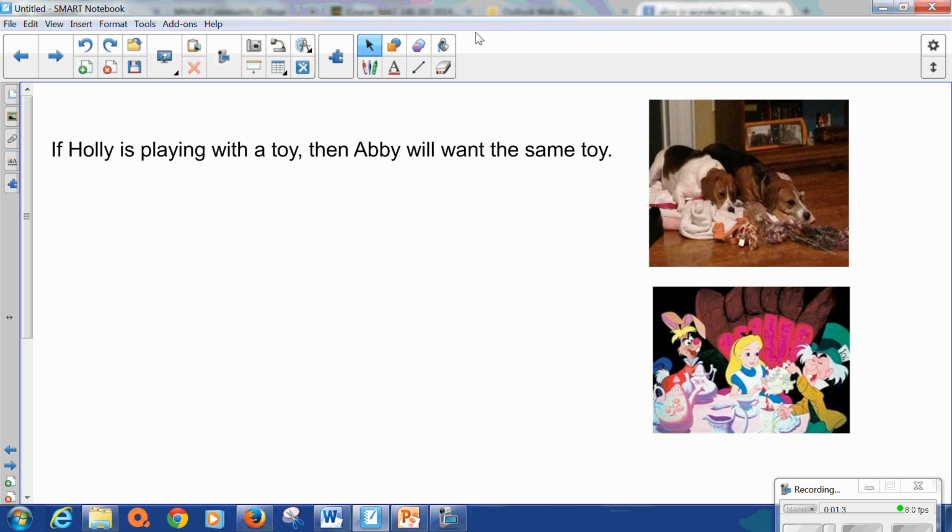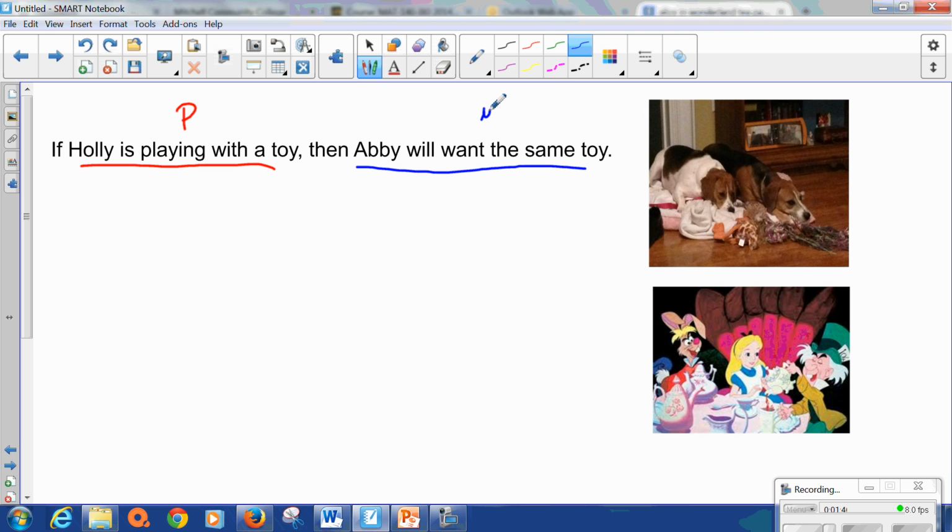So let's look at what's going on with our sentence here. If Holly is playing with a toy, we're going to make that P. And we are going to make Abby will want the same toy Q. And we are dealing with a conditional because of the if-then. So in the middle goes our arrow.